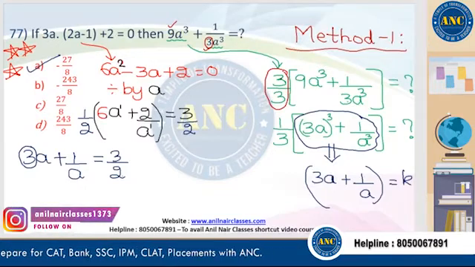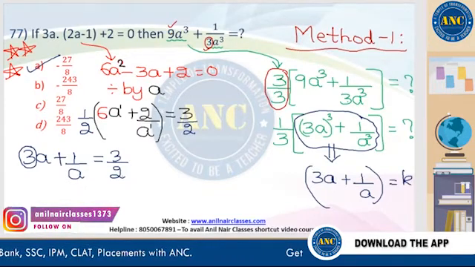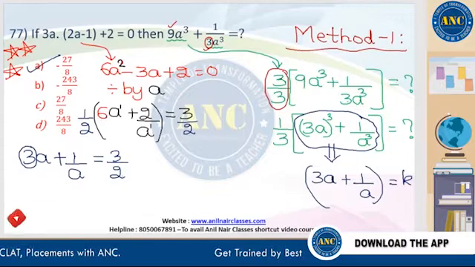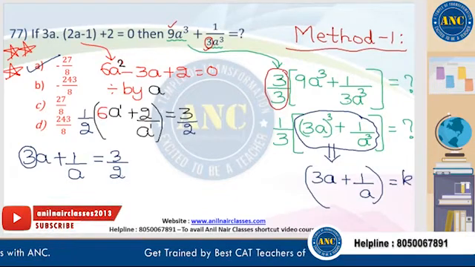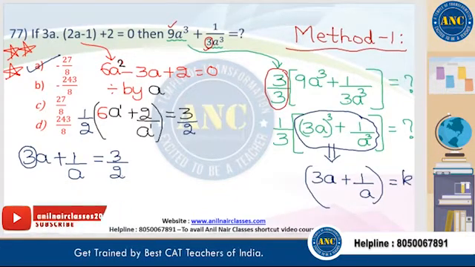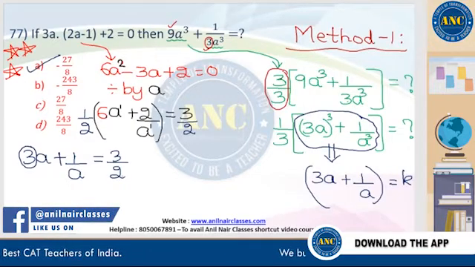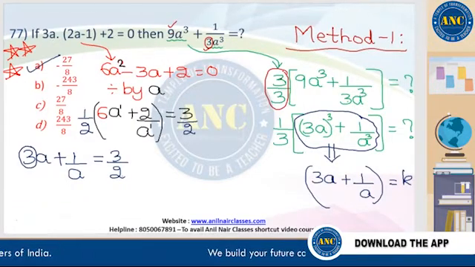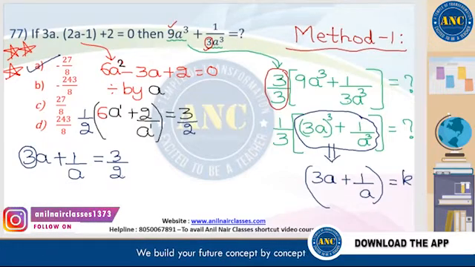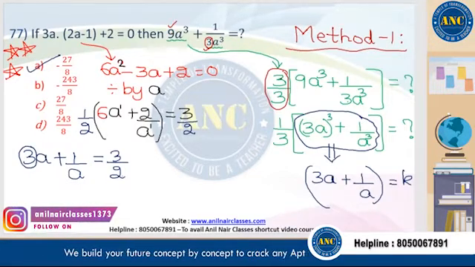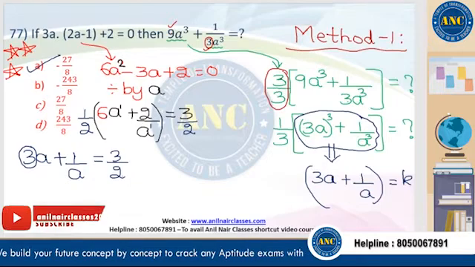Please be very, very clear with this particular concept, so that your understanding becomes very easy and you will not face any difficulty in solving that kind of questions in your examination hall. I believe that whatever solution I have taught you is very clear for every student.